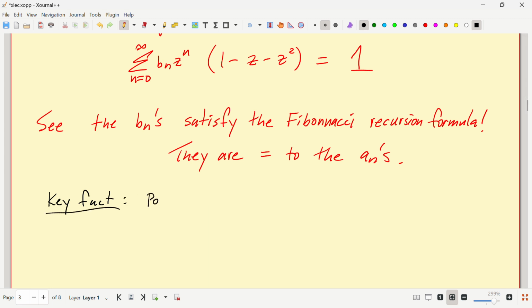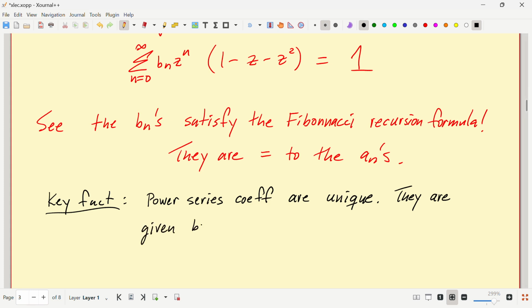Power series coefficients are unique, they are given by the Taylor coefficients. Taylor's formula. That's a fact we know.